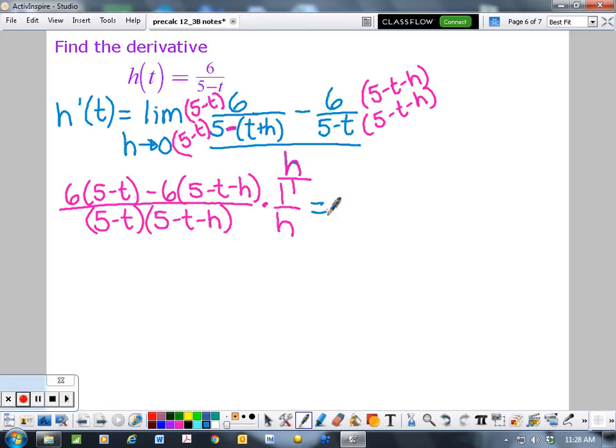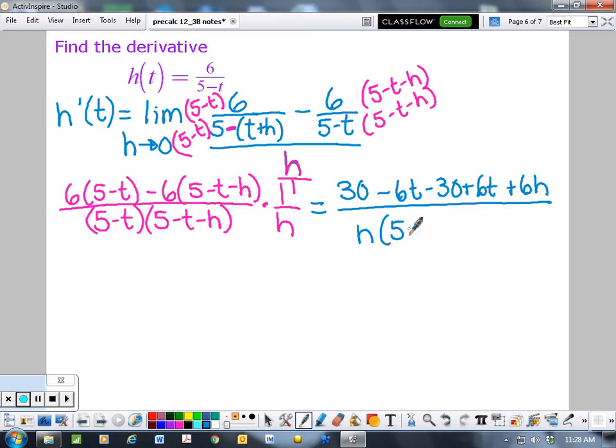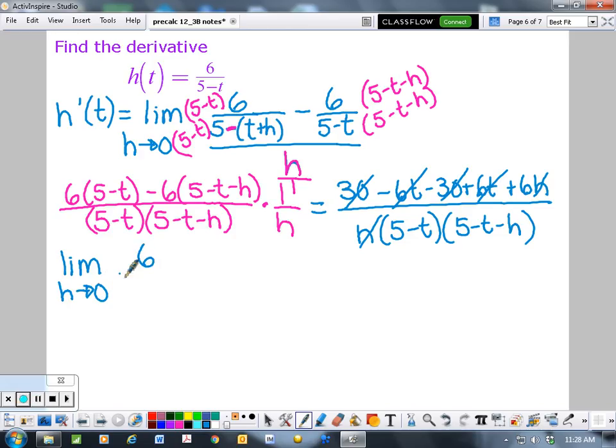So this is now going to become 30 minus 6t minus 30 plus 6t plus 6h, and the whole thing over h times 5 minus t times 5 minus t minus h. So let's see, our 30s are going to cancel, our t's are going to cancel, and we're left with 6h, and those h's will cancel. So this is now going to become the limit as h approaches 0 of 6 over 5 minus t and 5 minus t minus h.